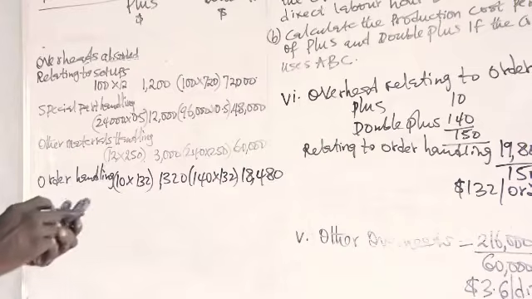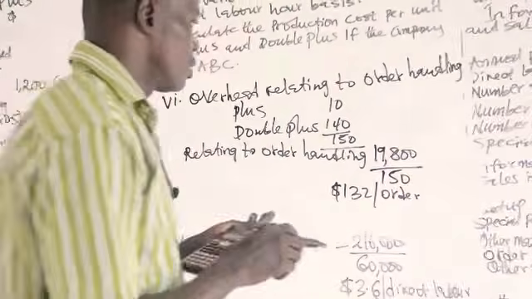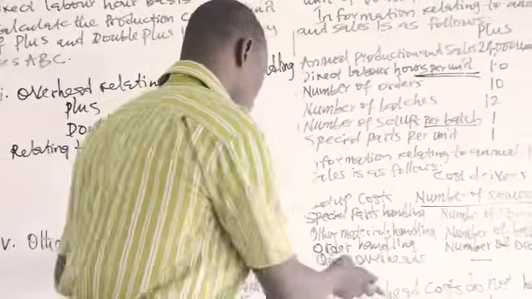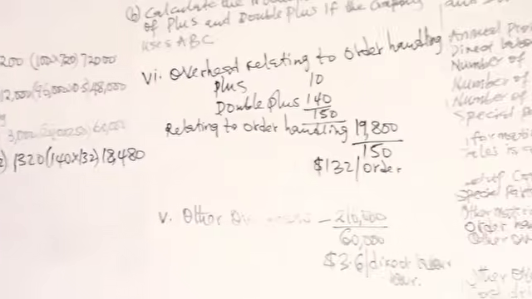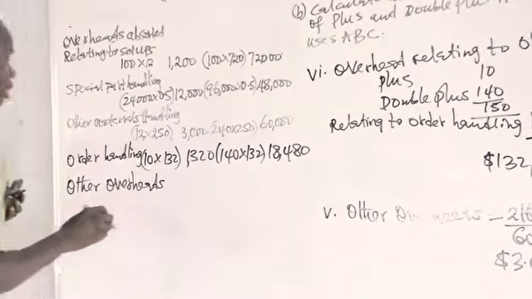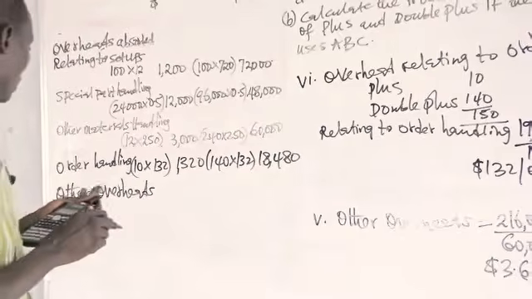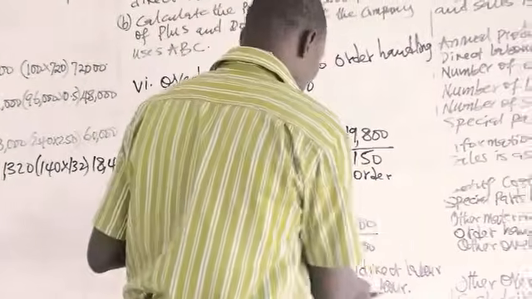Then we also have order overheads, and we use the direct labor hours for that. The recovery rate is 3.6.